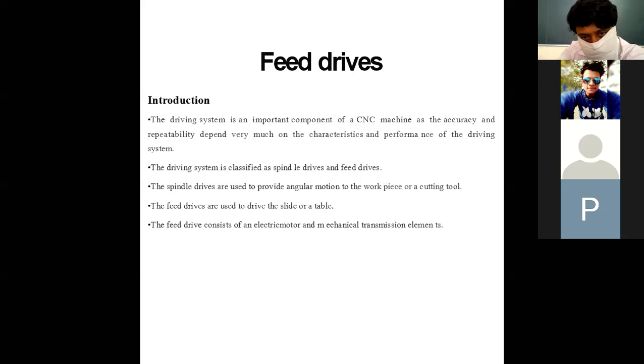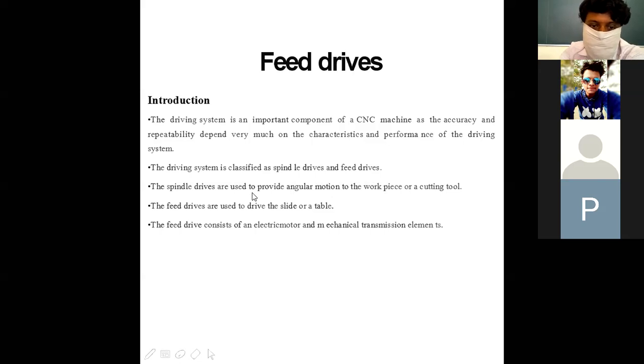Sometimes we use a spindle as a driving mechanism, or sometimes we use feed drives. Okay, we will discuss in detail what the different types of feed drives are and how they work. Just keep this in mind, spindle drives are there and feed drives are there, two types.